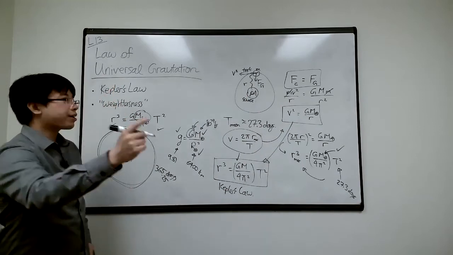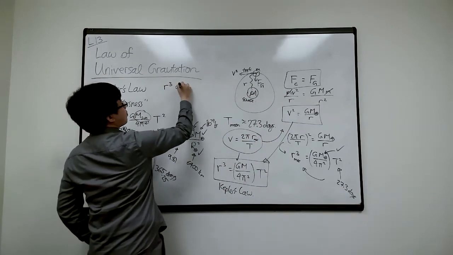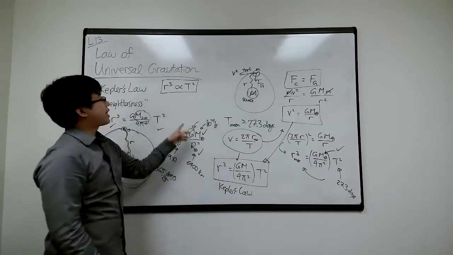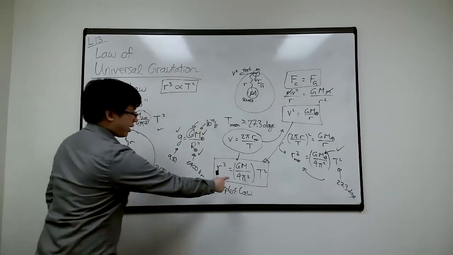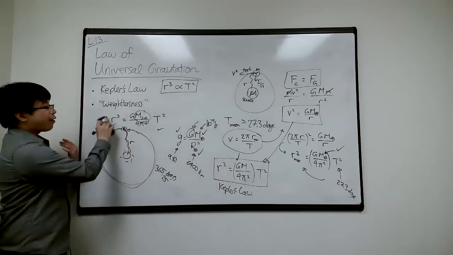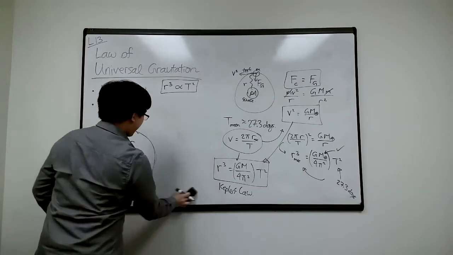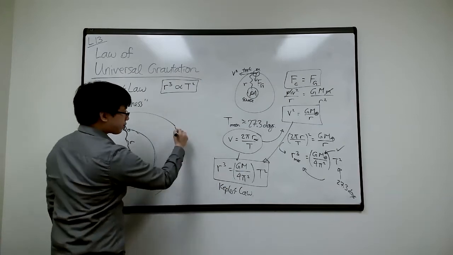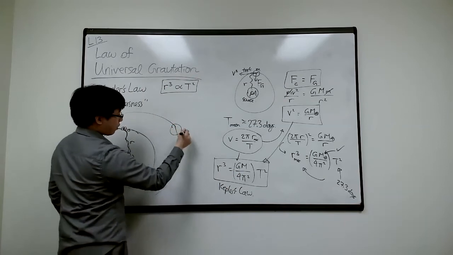You can figure out how far things are. Essentially, the law is often written as r cubed is proportional to t squared, right? So what that means is, this is a constant. For example, now you want to figure out how far away Jupiter is. You can easily do that. Jupiter goes around the sun, like this, or Saturn or whatever.